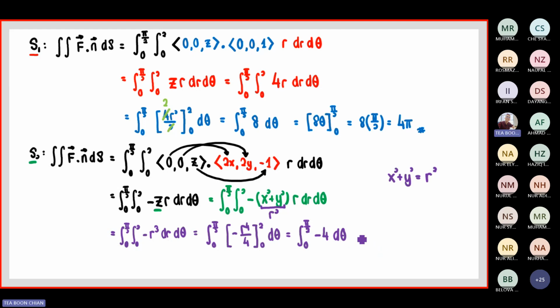Negative 4 d theta, when you integrate, you get negative 4 theta. Substitute pi over 2 to 0. So this gives you negative 4 multiply pi over 2, which gives you negative 2 pi. And yes, the flux acting downward has the value negative 2 pi.